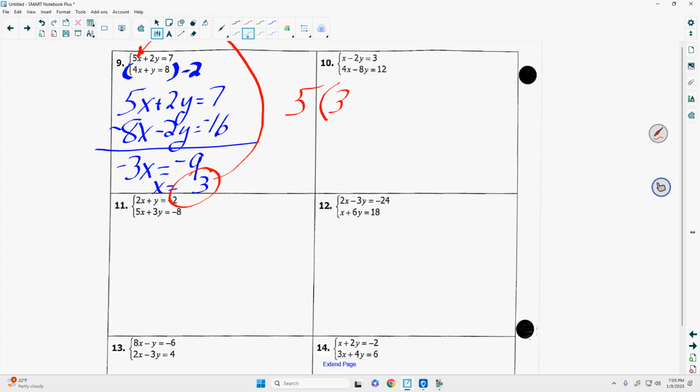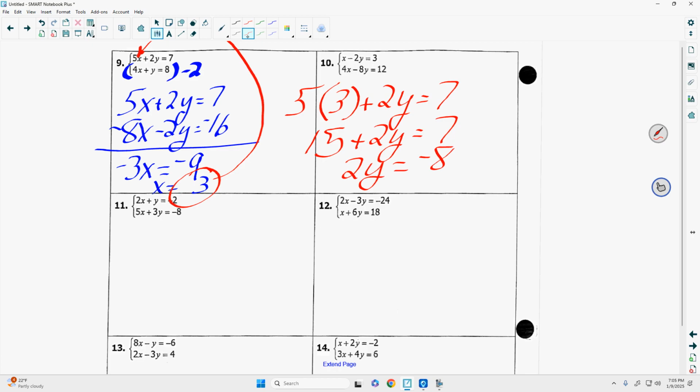So it's going to stay 2x minus 3y equals negative 24, but then it's also going to be negative 2x minus 12y equals negative 36. Oh, the x's go away. I get negative 15y equals negative 60, and that's quattro.